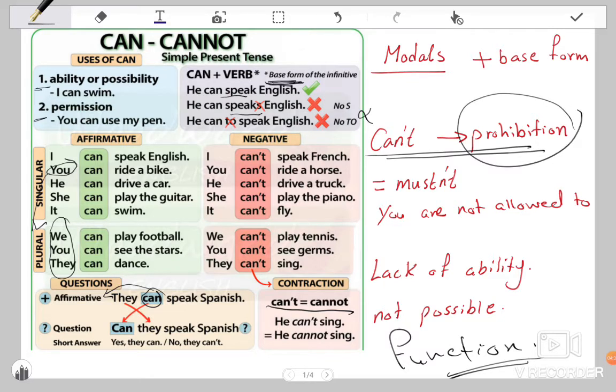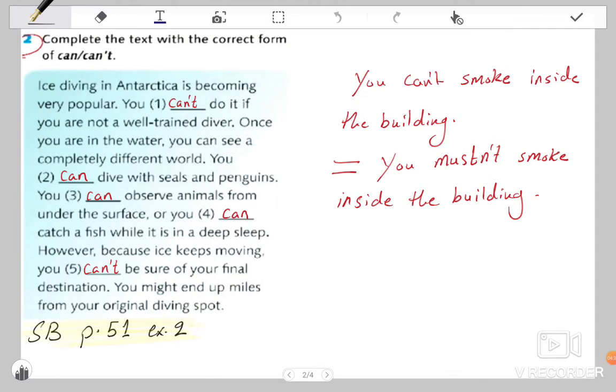You are not allowed to do something, which is equal to what? To mustn't. Okay? So when we talk about can't, it gives us the same meaning as what? As mustn't, which means you are not allowed to do something. You are prohibited. انت ممنوع محرم عليك فعل شيء. Done? So when I say you can't smoke inside the building, which means what? You mustn't smoke inside the building. Done?